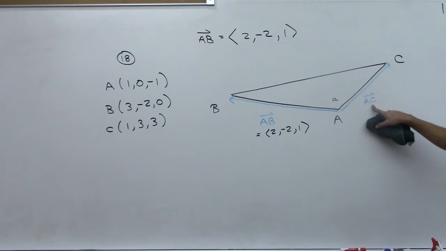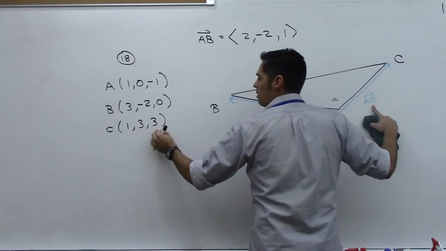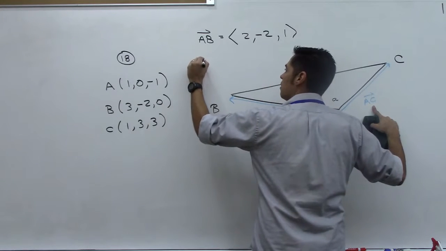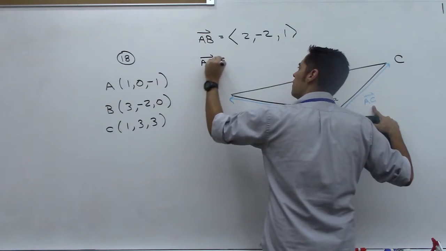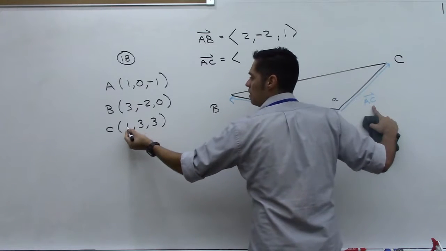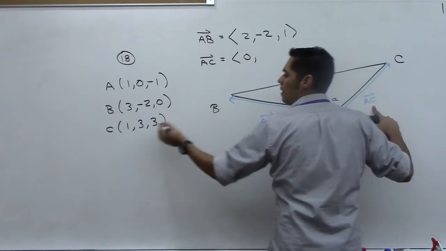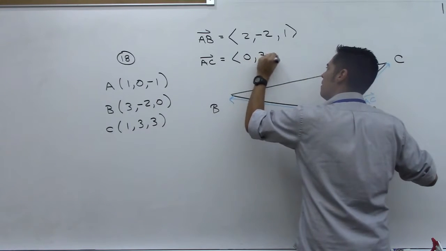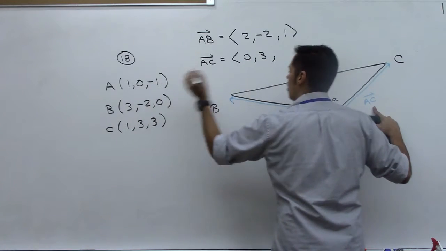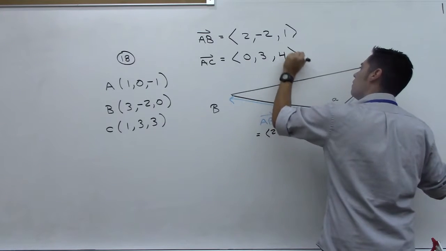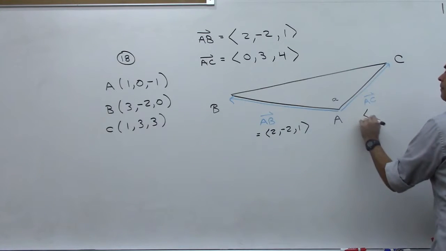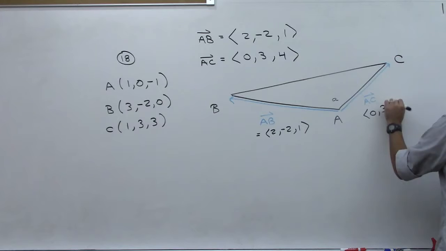Then the vector from A to C, I'm going to do the C coordinates and subtract the A coordinates. So the vector from A to C is, let's see, 1 take away 1, you get 0. 3, take away 0, you get 3. And then 3, take away negative 1, you get 4. So this is the vector 0, 3, 4.